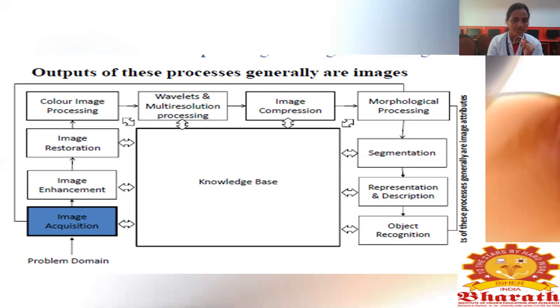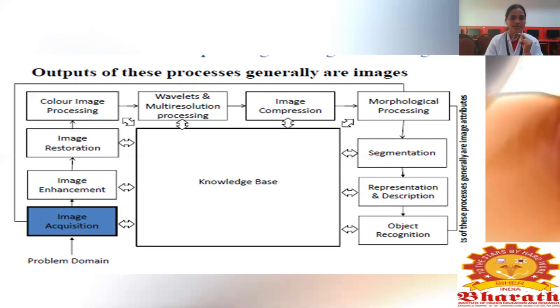Image enhancement is influenced by what the user desires, what the user feels. When we want better images from the original images, we can enhance them. So that is called image enhancement.